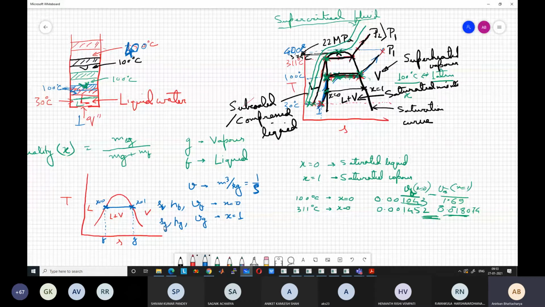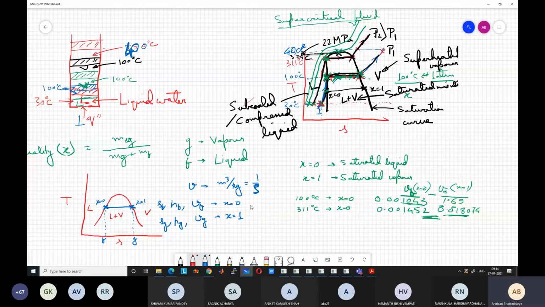And to find the property for a two-phase zone, like in between here, with a certain quality, say here the quality is 0.6, means 60% vapor is there. So for any quality you can find the properties like this.